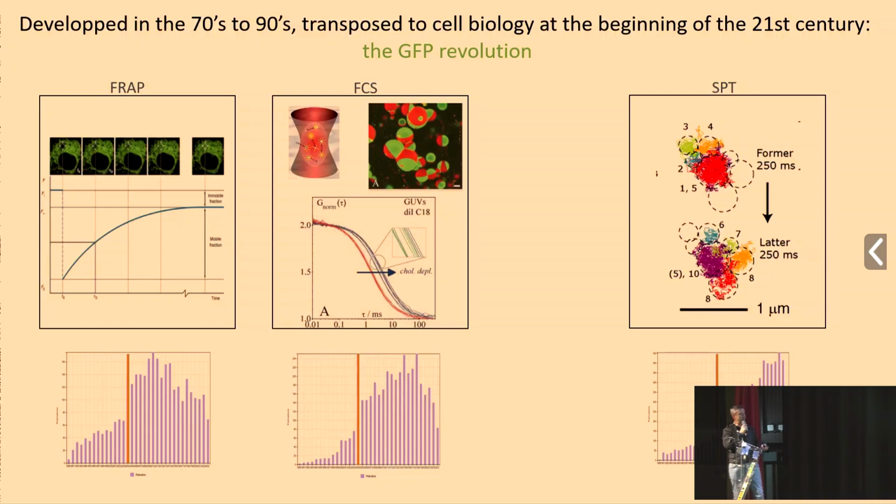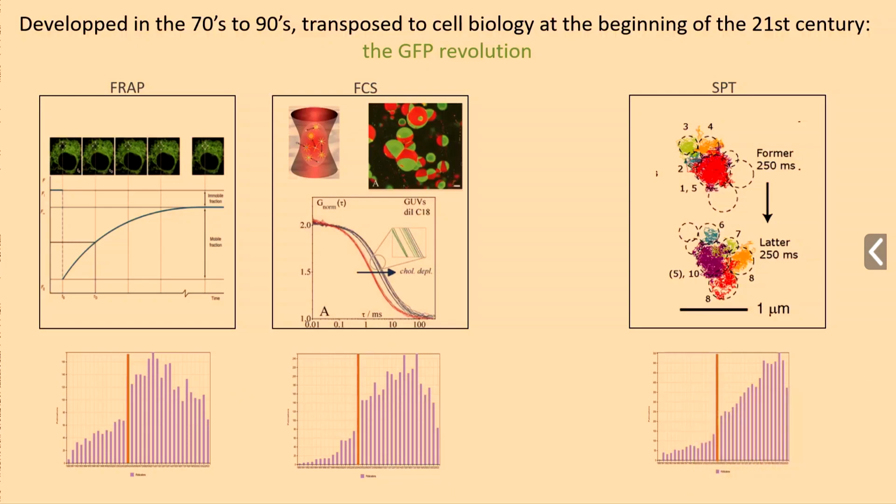So if we compare, for example, here, as Marie showed you previously, here is the time of the first Mifobio and the time of the Imabio consortium starting. So this is the number of publications over the years in the FRAP field, in the FCS field, and in the single particle tracking field. And so here it's not in log scale, okay? So it's in normal scale, so it's nothing to do with GFP.